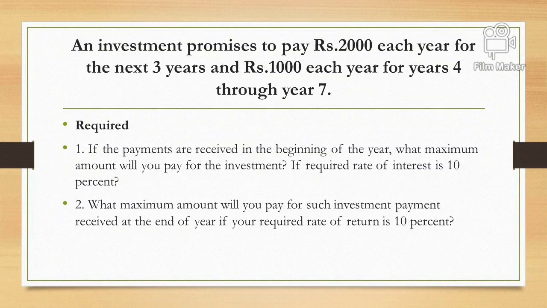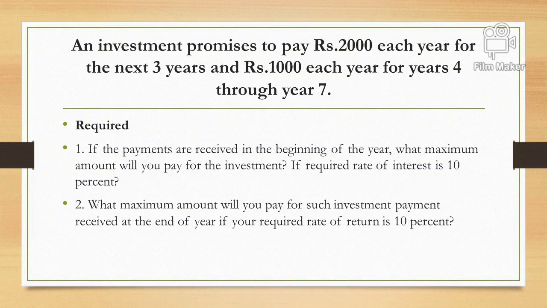Now the question is, at what price should we purchase this investment. If we invest in a company today, then the company will be giving us regular income for 7 years. For the first 3 years the company will pay 2,000 rupees, and for the next 4 years 1,000 rupees.